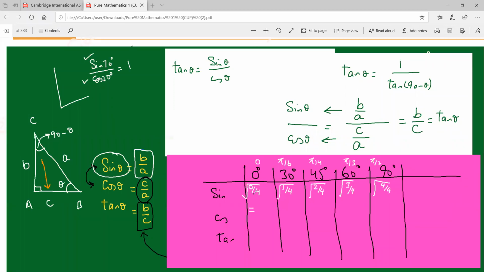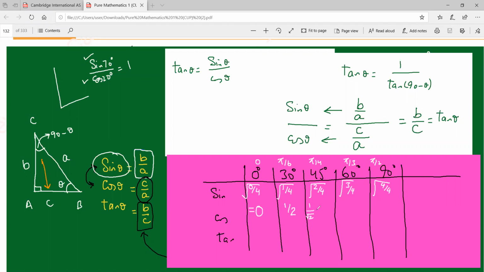Now, 0 over 4 is 0, and the square root is 0. You can check from your calculators that sine 0 is 0. Now, the square root of 1 over 4 is half. You can check from your calculators that sine 30 is half. This is 1 over under root 2.